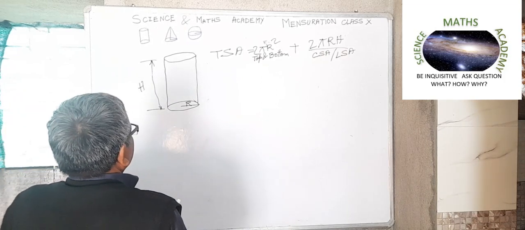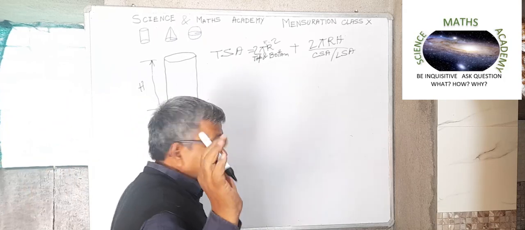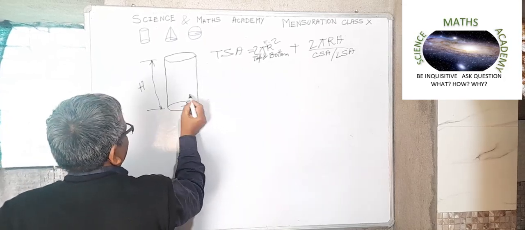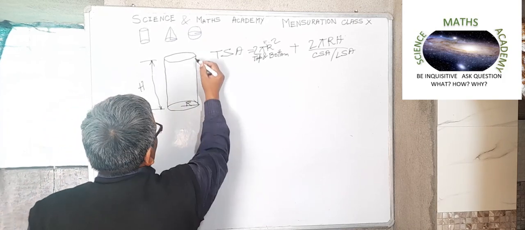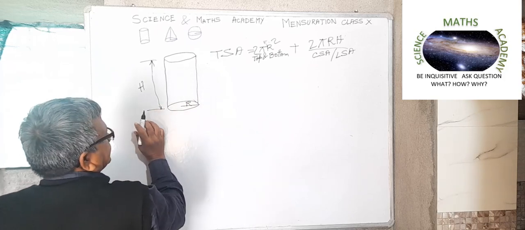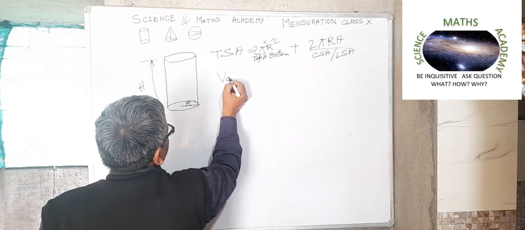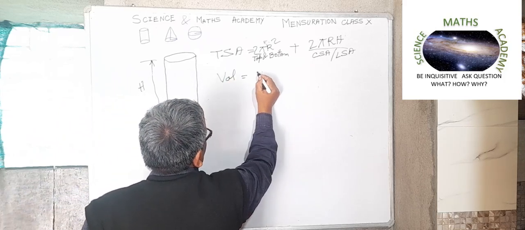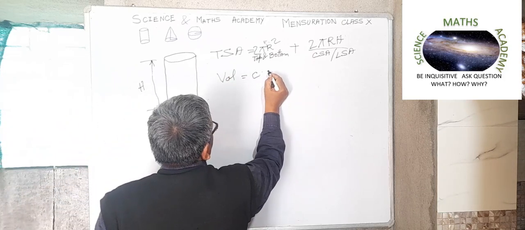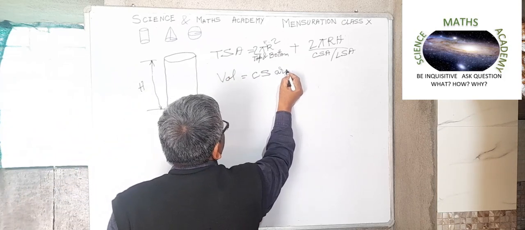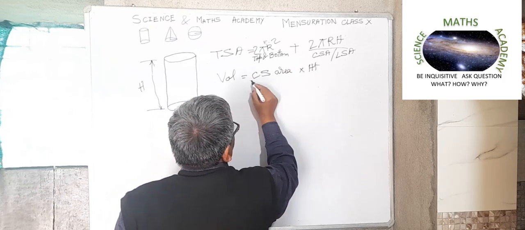Now see here, everybody plays carom board. If you place the carom coins one upon another, you will get a cylinder and the total thickness will be the height. Then this area pi r square into height. First I will give the main definition: any cross sectional area into height. It is the formula.